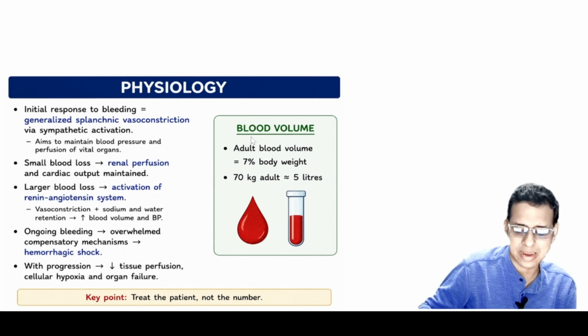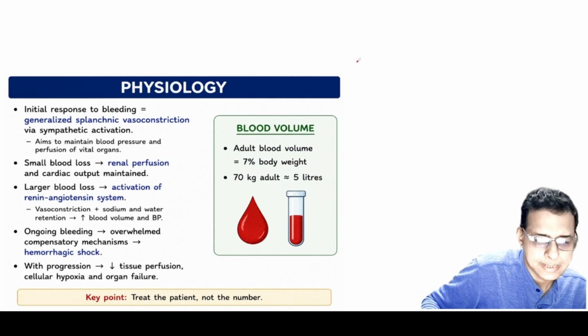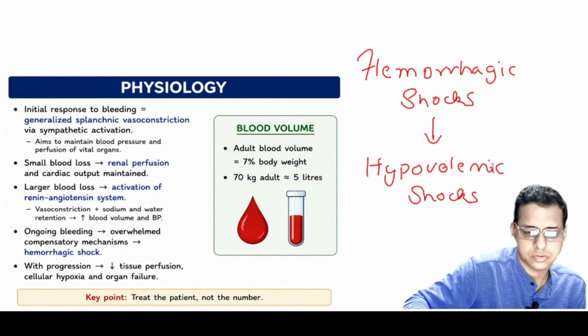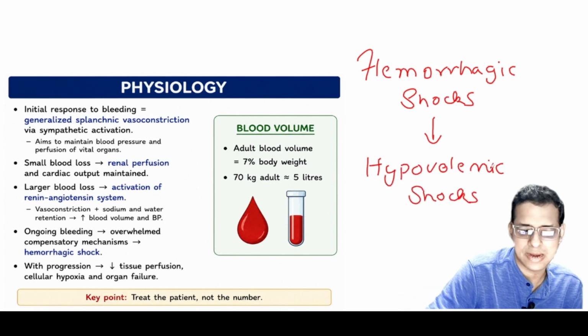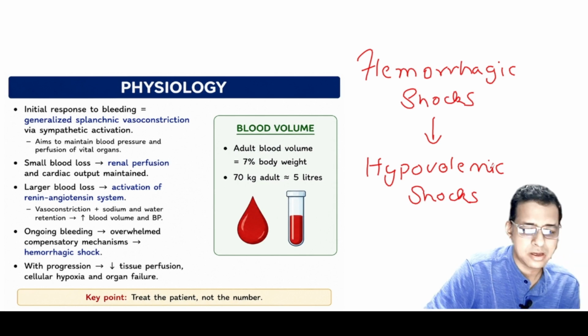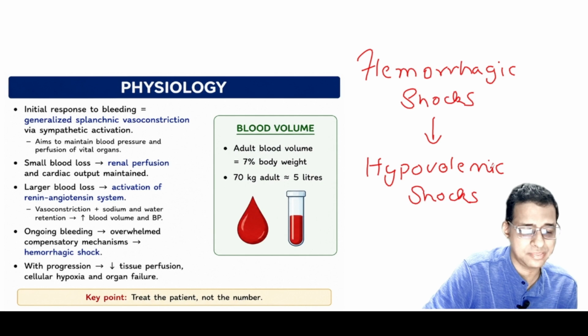Another name is hypovolemic shock. Hemorrhagic shock is also known as hypovolemic shock, and you have to know there is a similarity between hypovolemic shock and the upcoming session, cardiogenic shock. Most of the hemodynamic parameters are similar, but the causes are different. This is due to hypovolemia and that is due to cardiac failure. You have to know these causes.